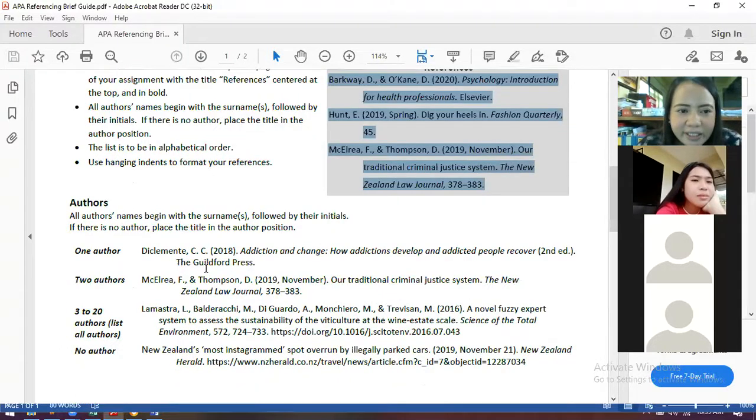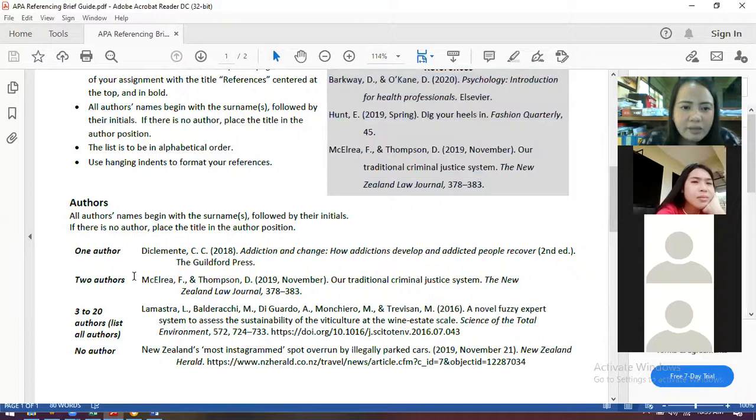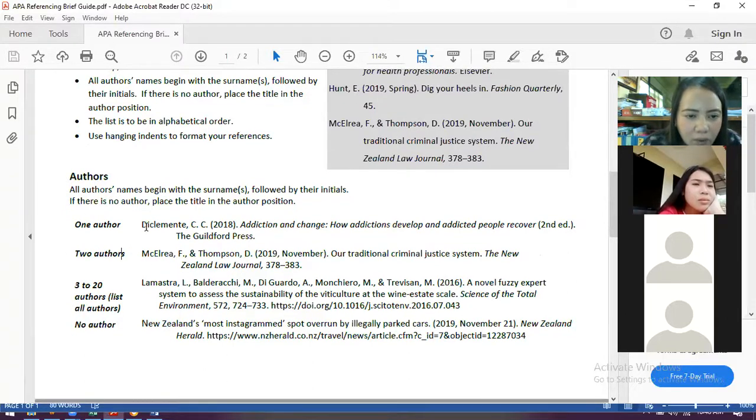So, ito yung guides natin sa mga authors. Okay? All authors' names begin with a surname, followed by their initial. If there is no author, place the title in the author position. So, pareha dito. Kapag one author lang ang book, andito yung name, gaya ng sinabi dito, surname, followed by the initial.